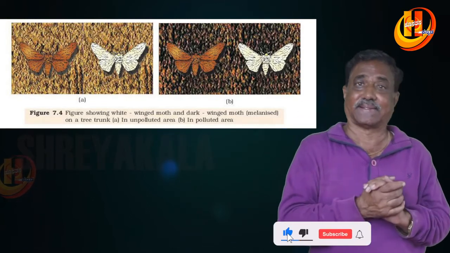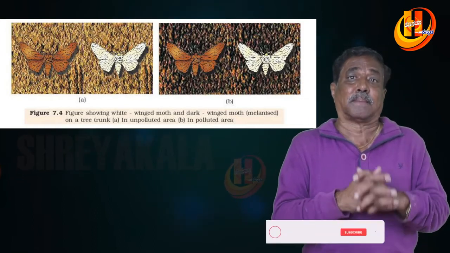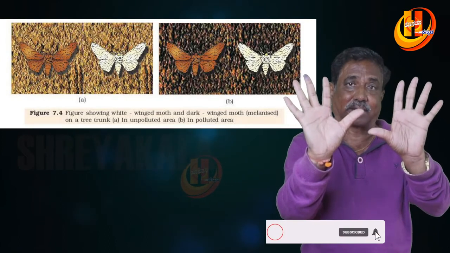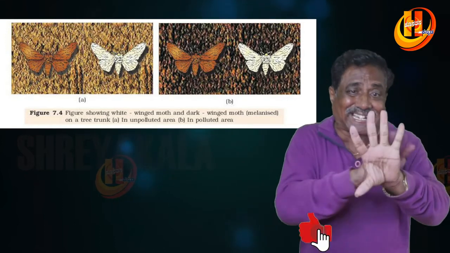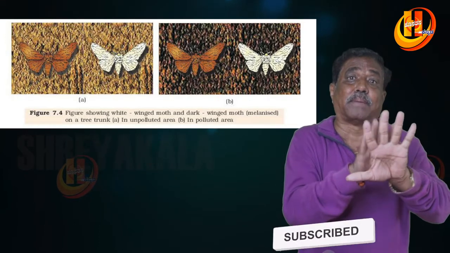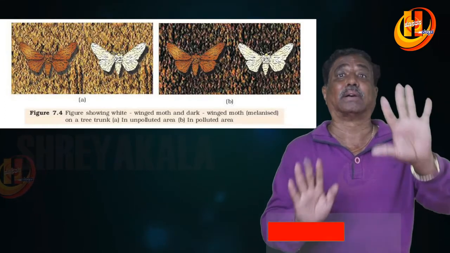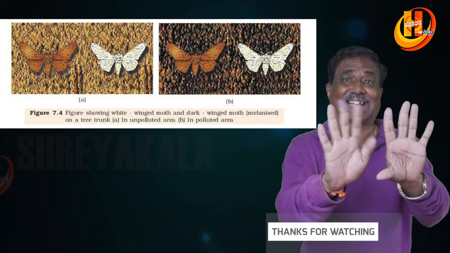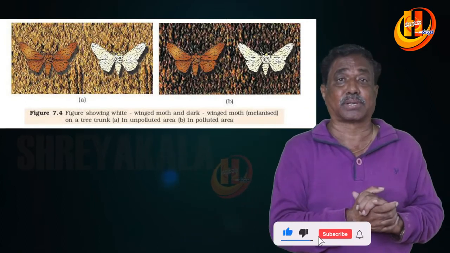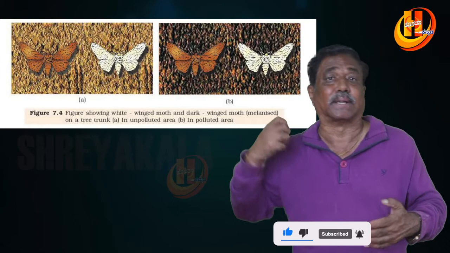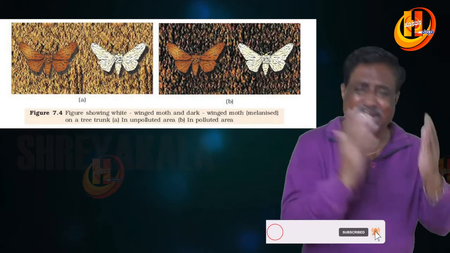Before the industrial revolution, there was no pollution, and the melanic forms, the moths having dark colored wings, were easily identified by their predator birds and were eliminated. Only the light colored moths survived because when they sit on the plants along with the lichens, because of cryptic coloration, the robin birds, their predator, could not identify this kind of moths which have light colored wings.